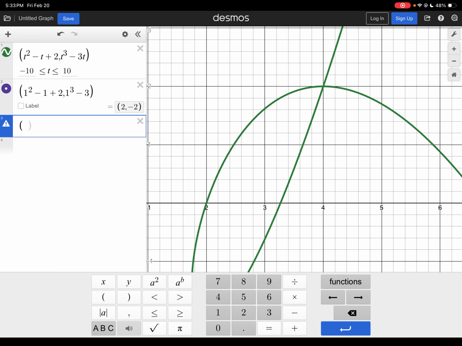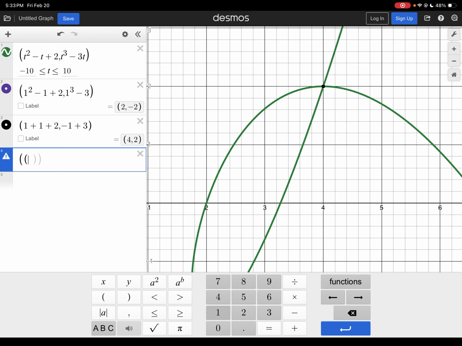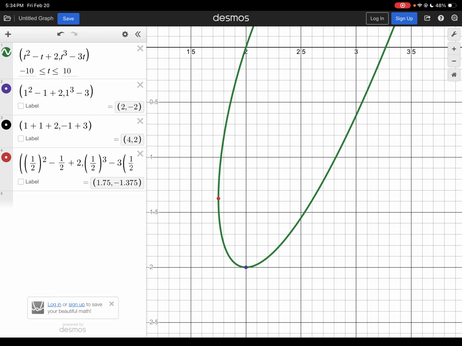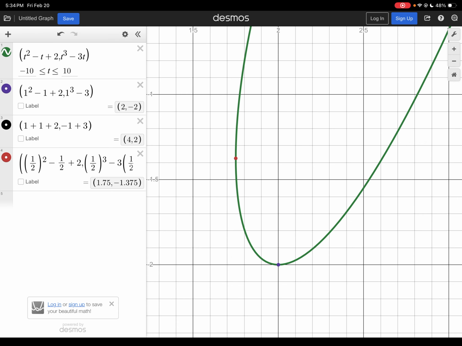So if I plug in -1, that's going to be 1 plus 1 plus 2, -1 plus 3, and that gives us my horizontal tangent line right there. And then one more whenever we have 1/2. That's that. And we have 1/2 to the third minus 3 times 1/2. And we predicted that that was a vertical tangent line there. Very cool.